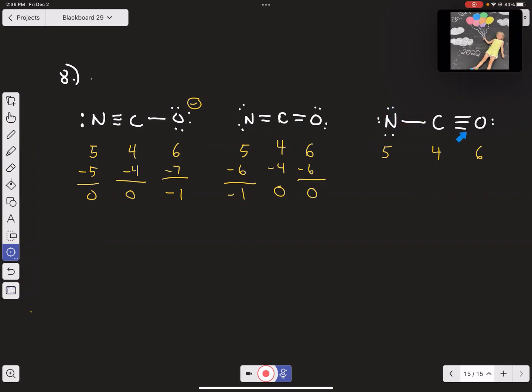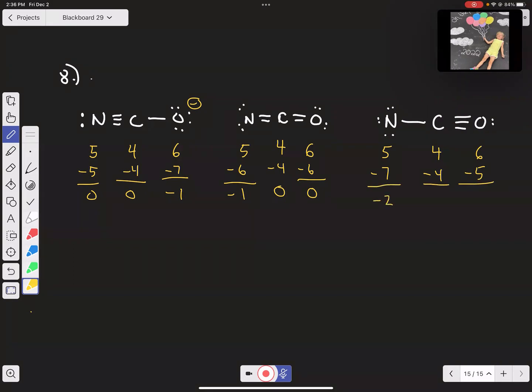We still have 4 electrons assigned to carbon. And then we've got 1, 2, 3, 4, 5 electrons assigned to oxygen. So 5 minus 7, 4 minus 4, and 6 minus 5. So we've got a -2 charge, a 0, and a +1 charge on the oxygen.